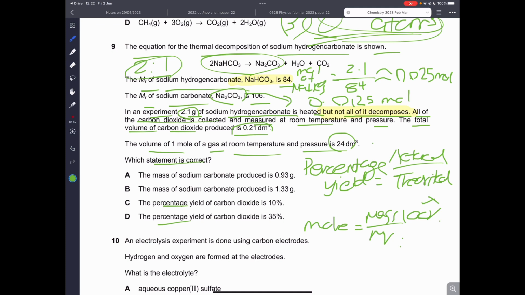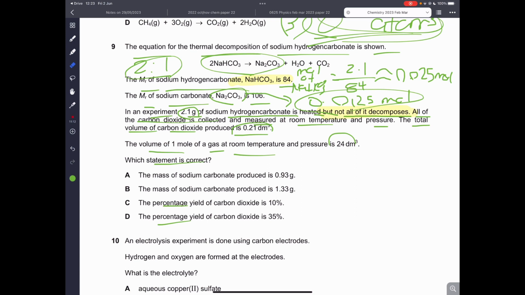What we're doing right now is a theoretical yield. If it had decomposed completely, this is what it would have produced, which is 0.0125 mole of sodium carbonate. Okay, next we have to put another mole ratio, Na2CO3 to CO2, which is 1:1, and if sodium carbonate is 0.0125, then the carbon dioxide is also going to be 0.0125 moles.